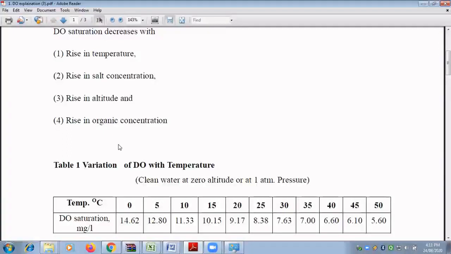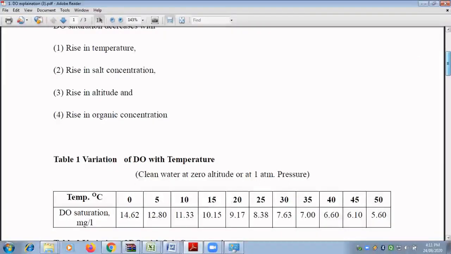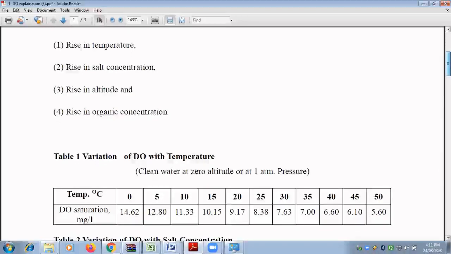Why will the DO decrease? Because the organic substrate requires aerobic degradation, and for aerobic biodegradation, we all know oxygen is required.